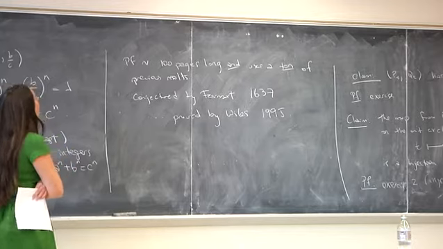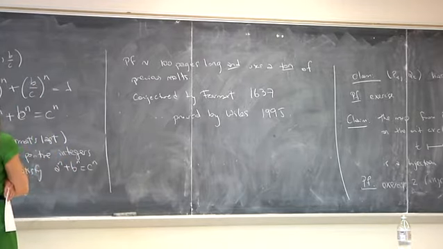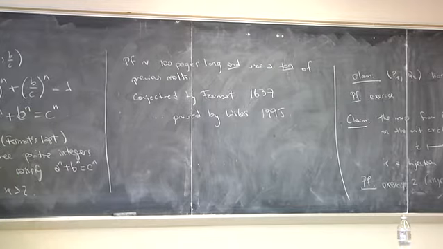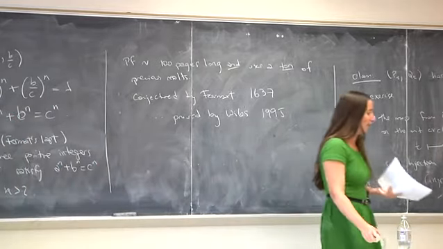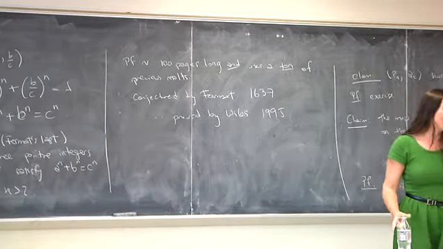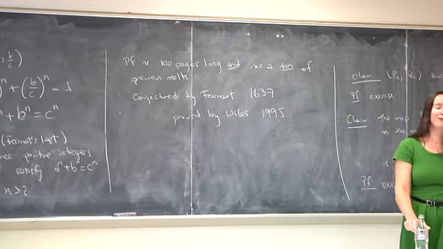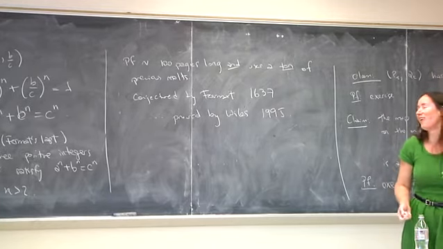But this is one thing that I love about this problem, that it's so easy to state. Can you find, no, you cannot find solutions to this equation where they're all non-zero and n is greater than 2, right? You can state this to your, I don't know, 8-year-old niece, like I have one, and I can tell her this, right? Maybe. I don't know. She doesn't like math, so maybe not.